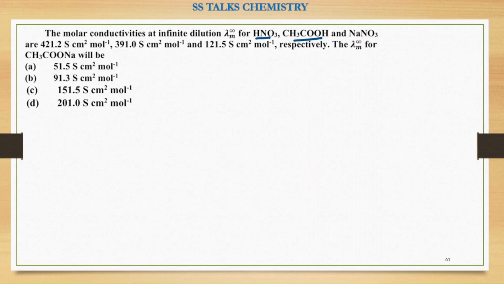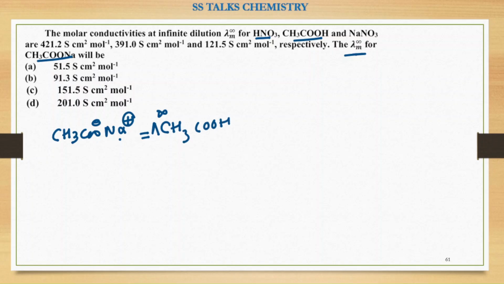What is the molar conductance at infinite dilution for sodium acetate? We need to form sodium acetate. For that we need the ions, sodium positive and the acetate ion. The acetate ion we get from the acetic acid, so we need the molar conductance at infinite dilution for acetic acid, CH3COOH.